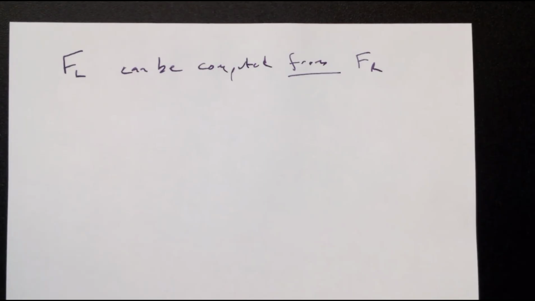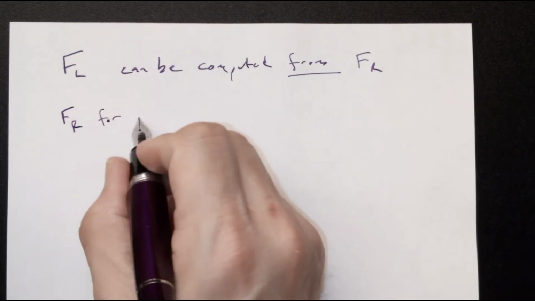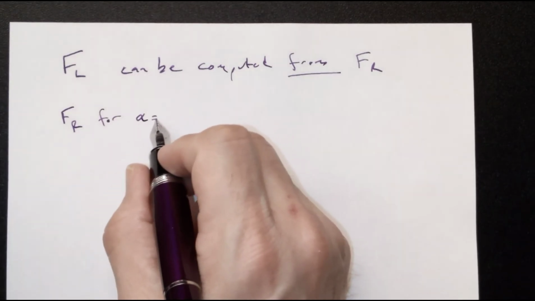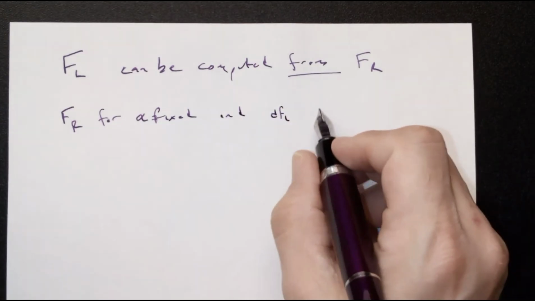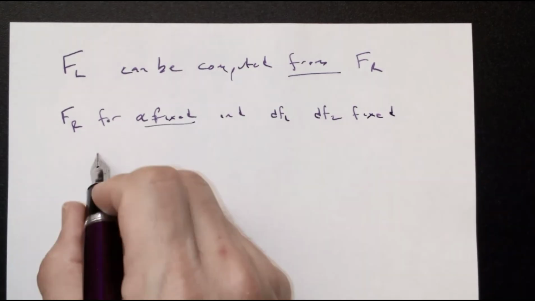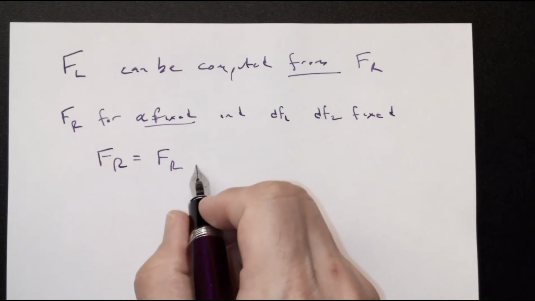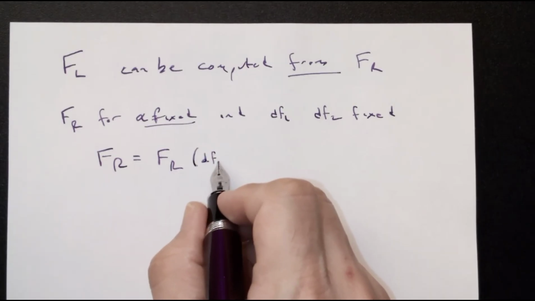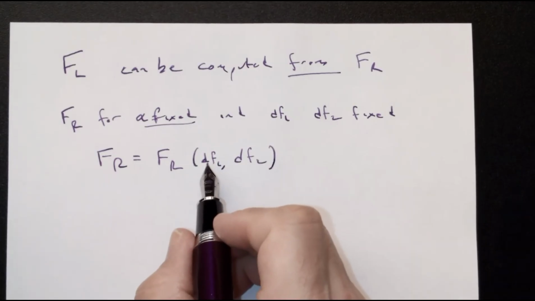For a given alpha and a given set of degrees of freedom, as long as I fix alpha, I can think of FR as really using those two numbers, right? This one tells me which column I'm in the table.